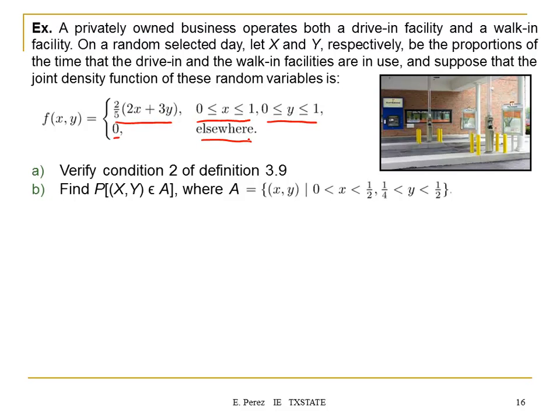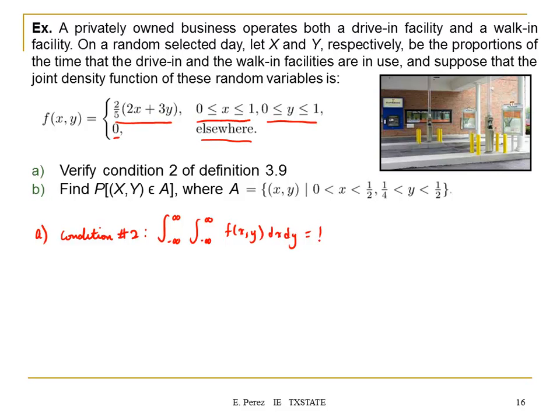So let's work on that really quick. We just need to check that condition 2 applies. Condition number 2 is just that the double integration from minus infinity to infinity for both variables of f of x and y dx dy equals 1.